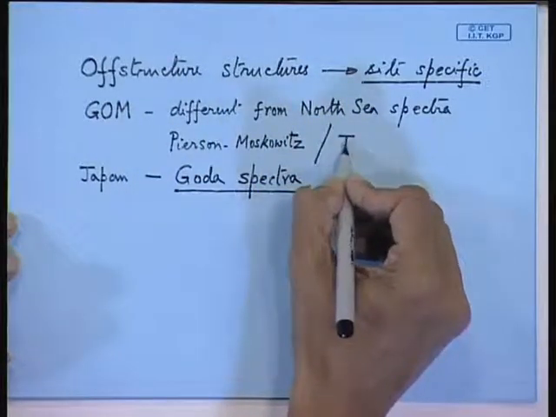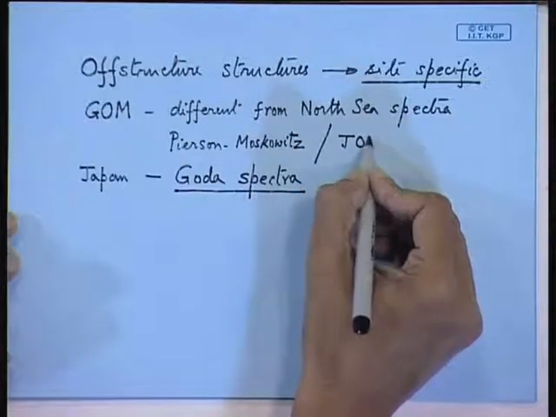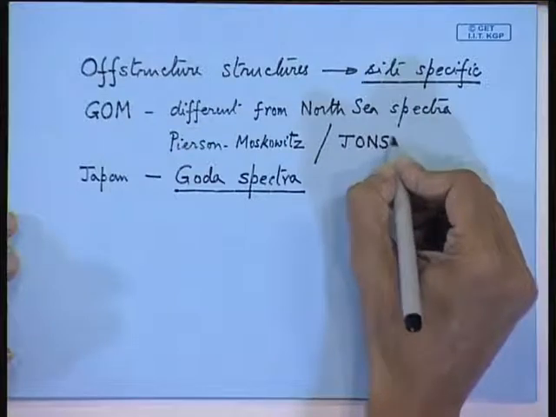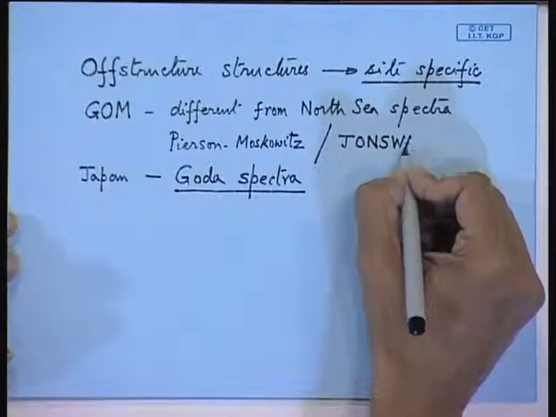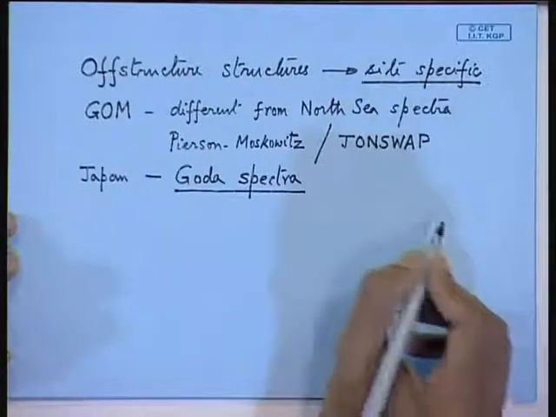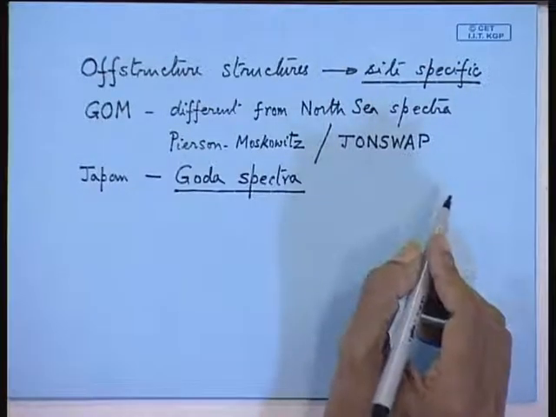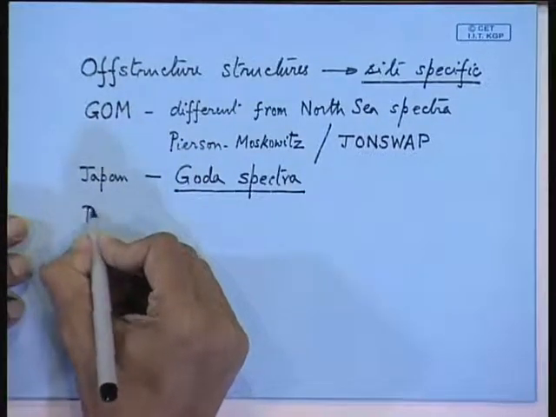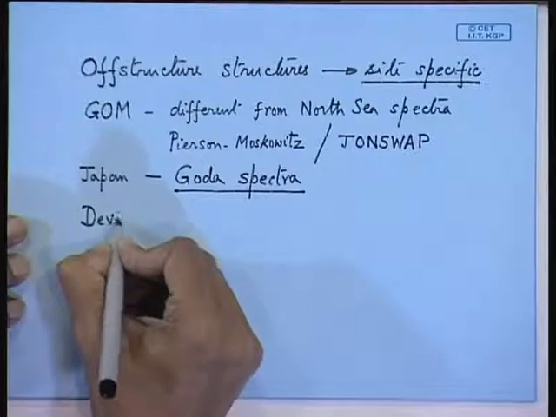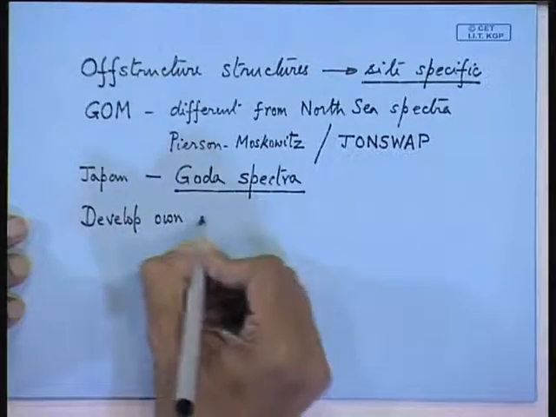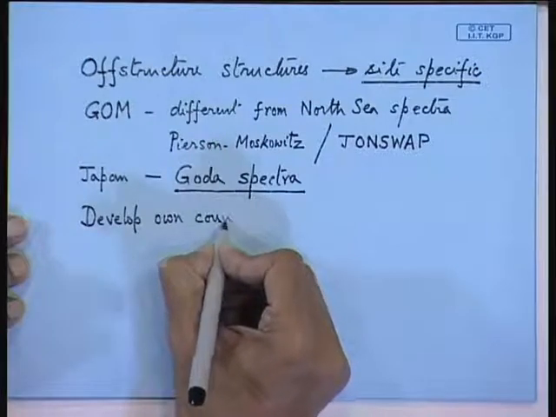or JONSWAP. Now, JONSWAP has been developed from a project in the North Sea, so it may not be applicable to other locations in the globe, is it not? To be more specific, it is better to develop your own country spectra.